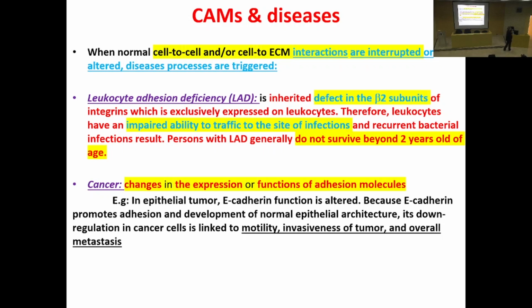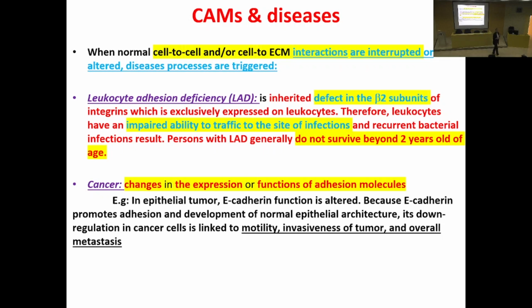They are free. Okay? So for example, if I take the epithelial tumor, like ovarian cancer, cancer of the ovary. The cancer of the ovary is a type of epithelial tumor. In this kind of cancer, the epithelial cadherin is defective.